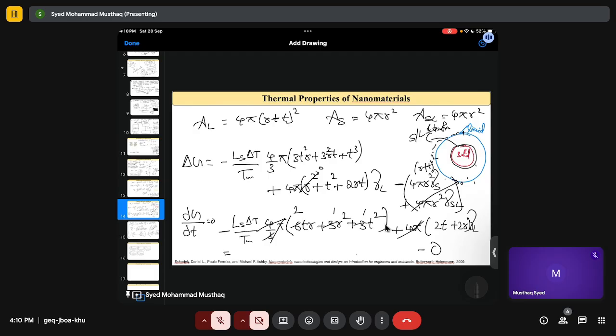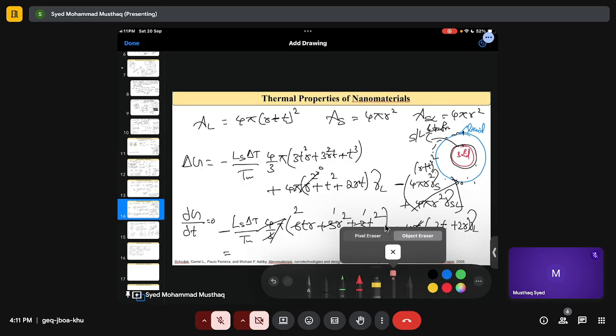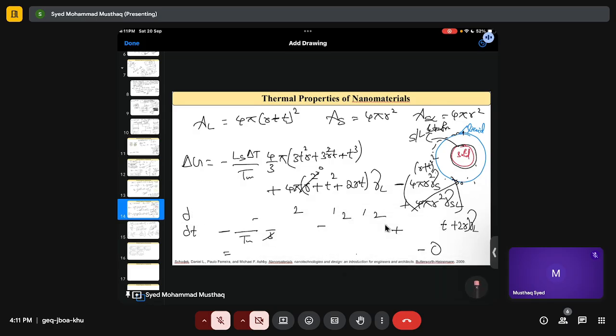But the area of the solid liquid interface is R minus T. So should we do it again? Yeah, we have time, right? Yeah, we'll do it instead of writing all these things.